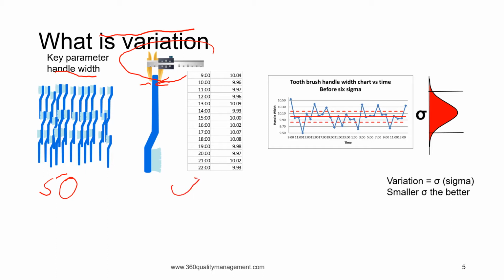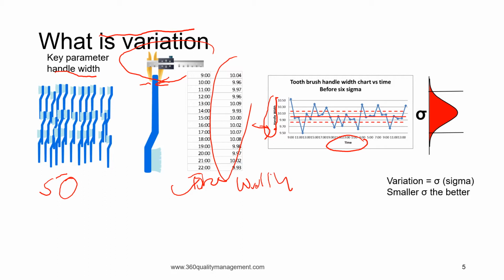Then the data is collected against time and also the width. Those data are plotted into a chart where the y-axis is the toothbrush width and the x-axis is the time. And we can see that as time goes by, the process is not very stable. It's like up and down.